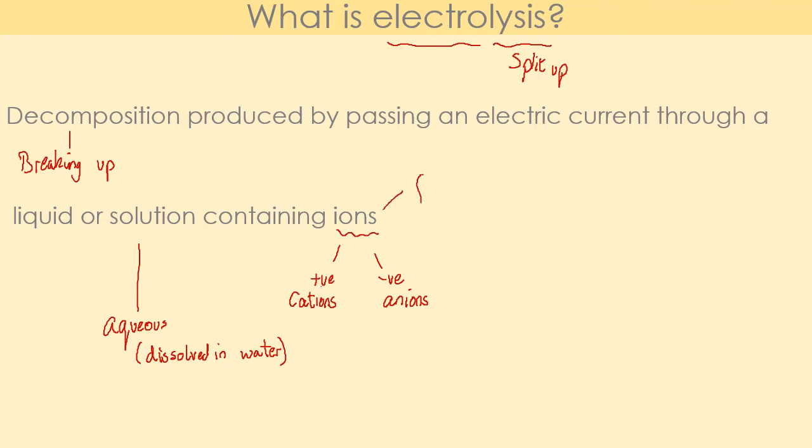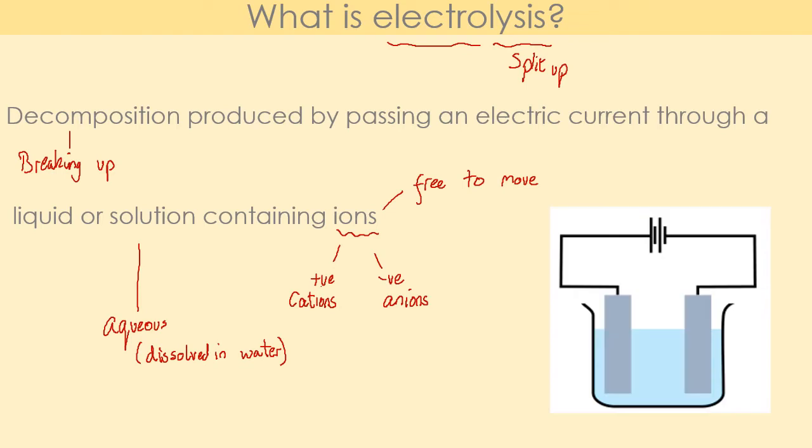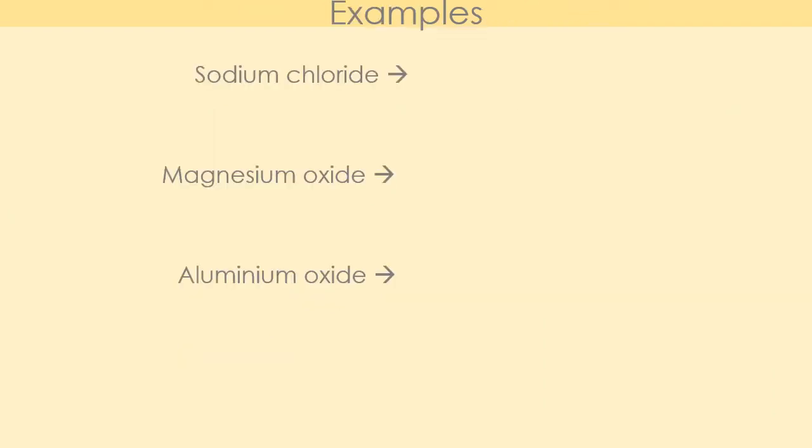So our ions here are free to move. They're not held by that strong electrostatic force of attraction. A lot of what we look at in electrolysis isn't new stuff, it's just bringing together a lot of stuff we've already done. Got a diagram there of our setup for electrolysis. We'll have a look at that in closer detail later on.